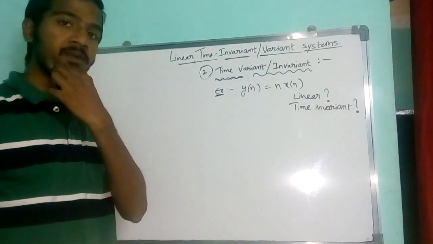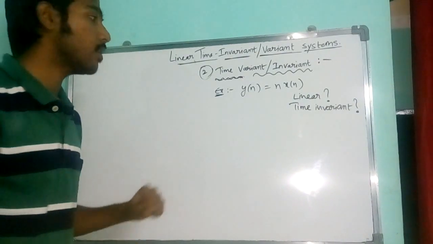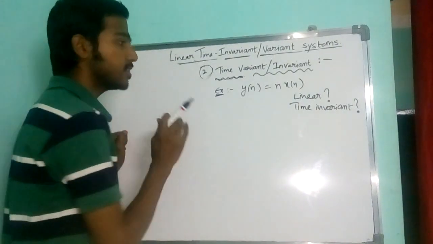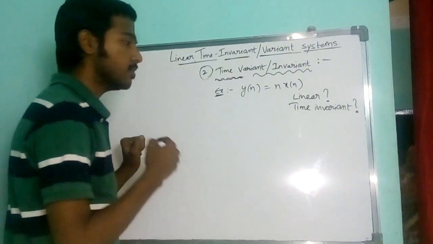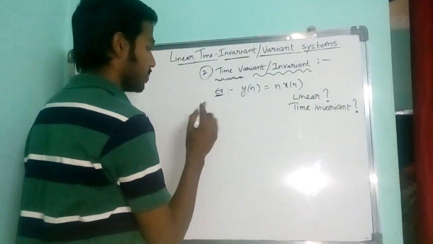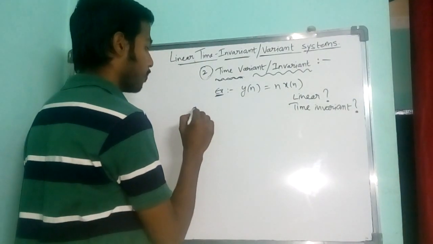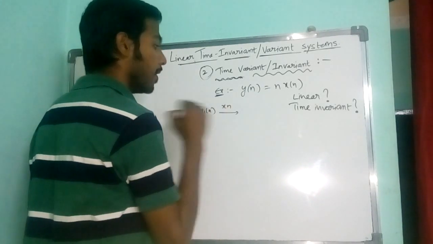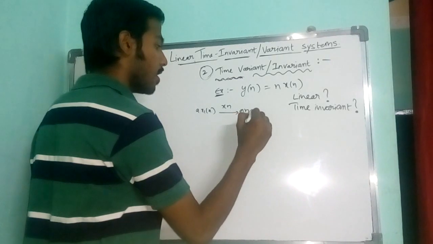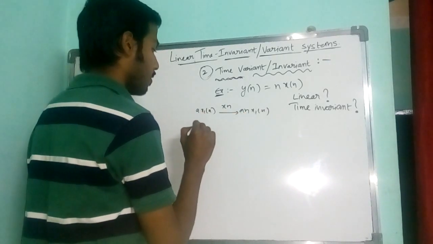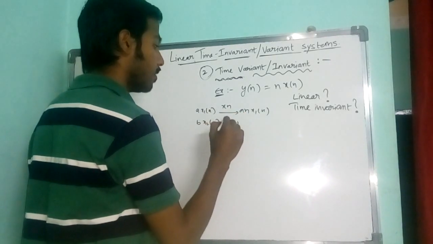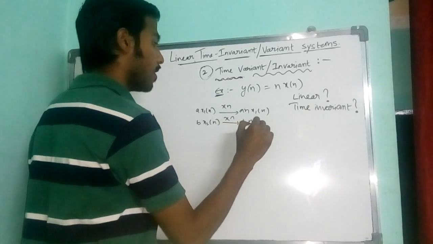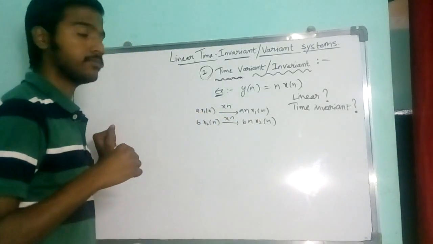As I already mentioned in the previous video, to confirm whether it is linear or non-linear, we apply the transformations. Consider the first input as a times x1 of n, and multiplied by n, we get a n x1 of n. Now the second signal is b times x2 of n, giving b n x2 of n.